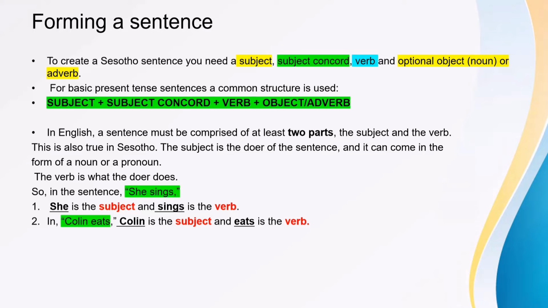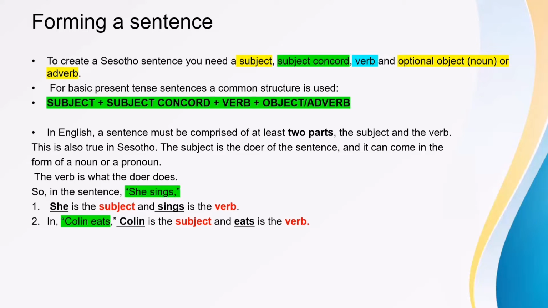All right. Now, in English, a sentence must be comprised of at least two parts, the subject and the verb. It is also the same way with Sesotho, but now the difference is that with Sesotho, we need to have the subject concord. The subject is the doer of the sentence, and it can come in the form of a noun or a pronoun. So the verb is what the doer does.